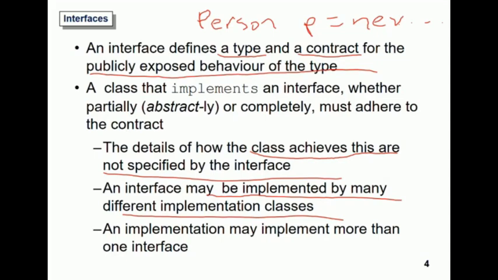And a useful feature is that an implementation may implement more than one interface. So that's unlike implementation inheritance. In implementation inheritance that we looked at in the previous part of the module, you can only extend one class. But with interfaces, you can implement as many interfaces as you want, and by doing so, you acquire their behavior. Usually there'll be a primary interface.